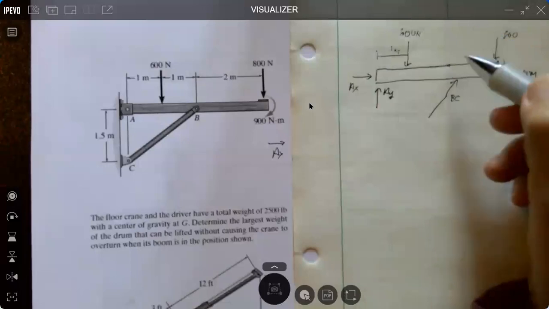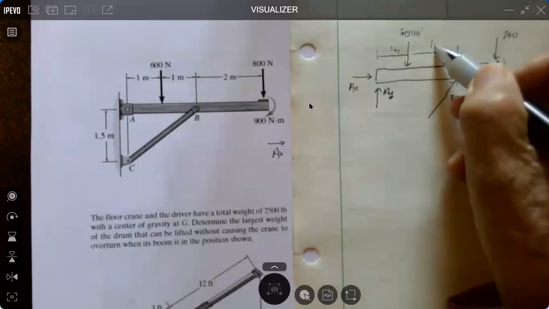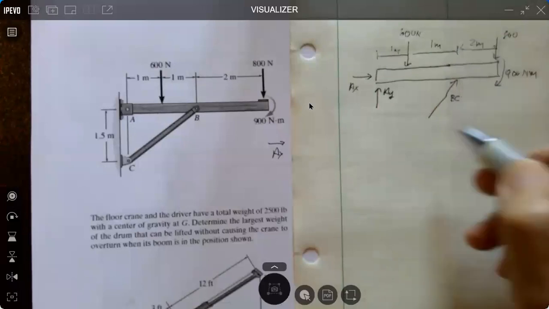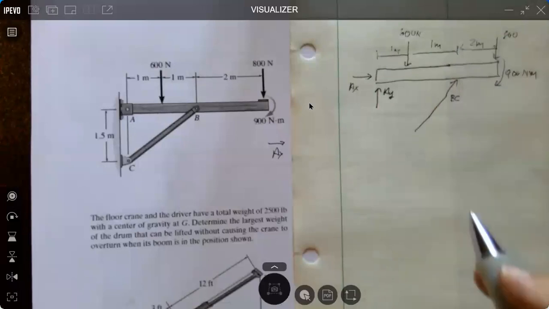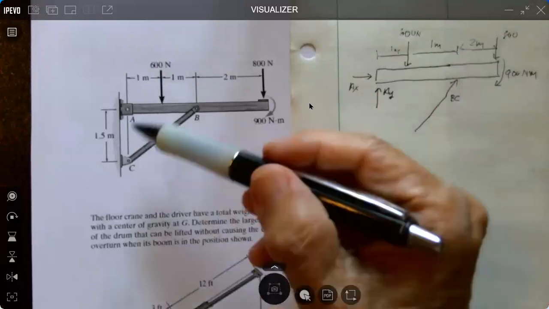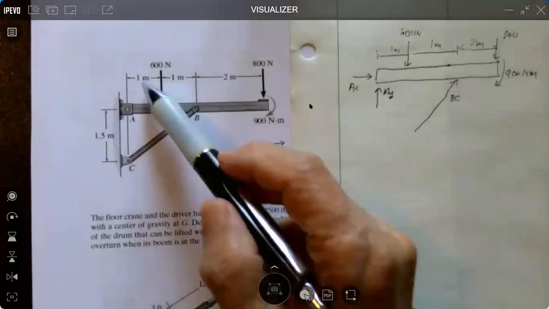And then it's another 1 meter to the strut, and then an additional 2 meters out to the end. And what we need is a slope on this strut. If you look at this, we have 1.5 meters vertical and 2 meters horizontal.